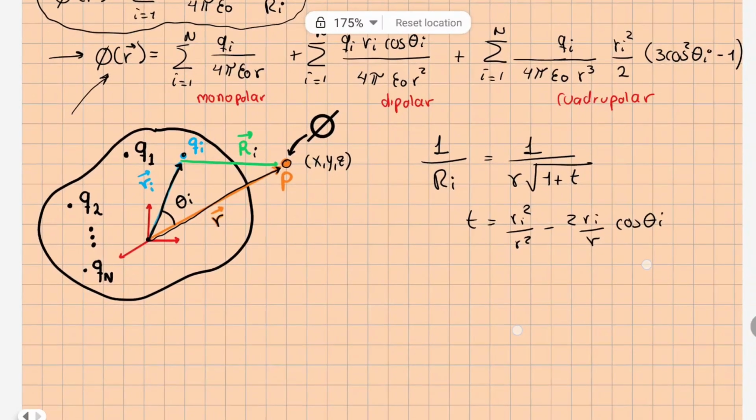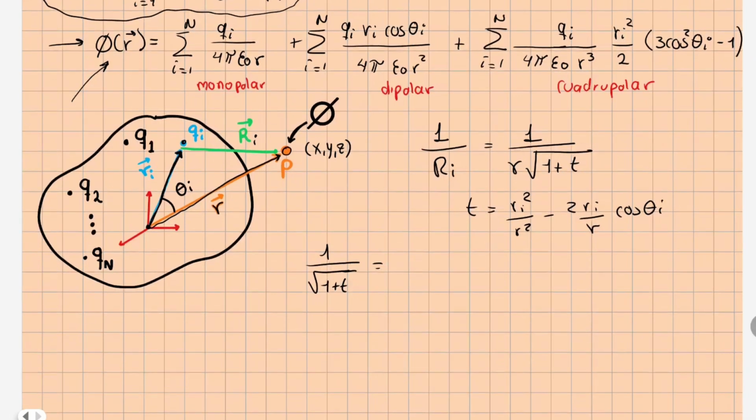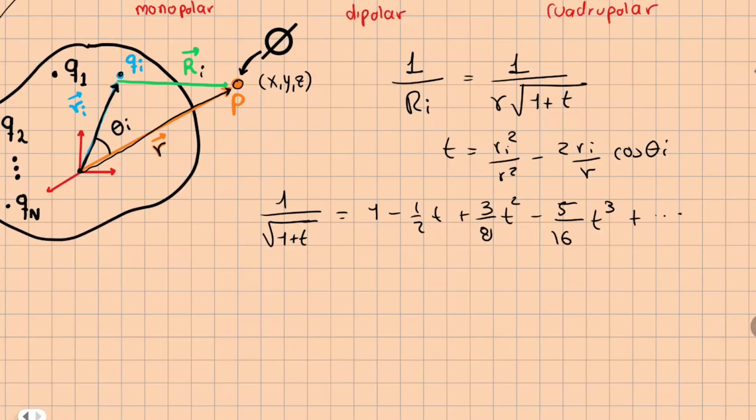Then we expressed this function as a series expansion using the Taylor series expansion. If we do that, we get 1 minus 1/2 t plus 3/8 t squared minus 5/16 t cubed. And in that video we took only up to the term 3/8 t squared.